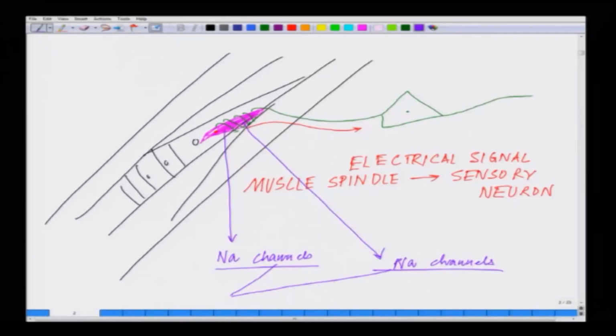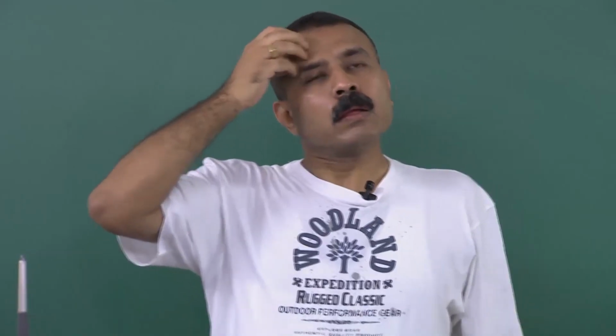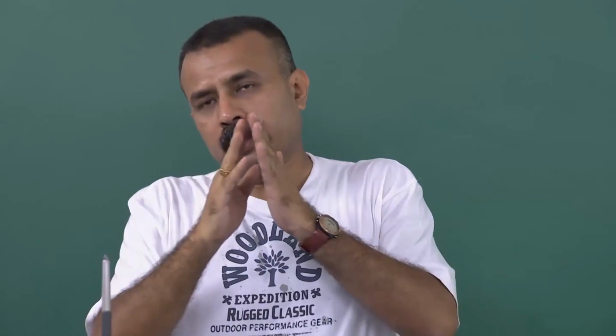So, these kinds of sodium channels are considered as mechanosensitive ion channels. What we mean by a mechanosensitive ion channel, as the name itself indicates, is that because of a mechanical stimulus, the ion gates open up. So, it has a very unique way of opening up.